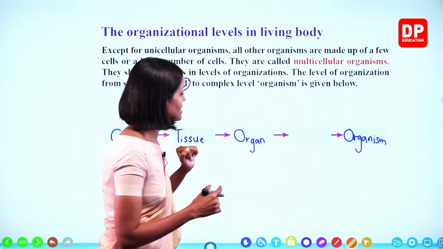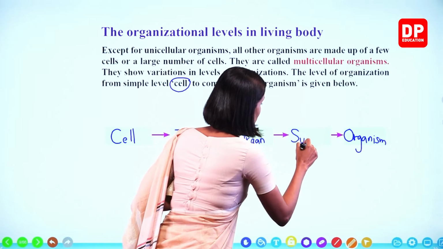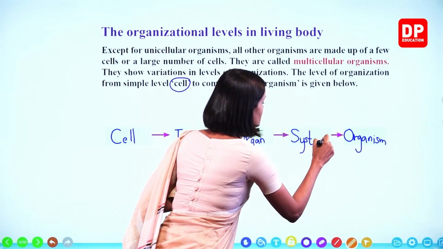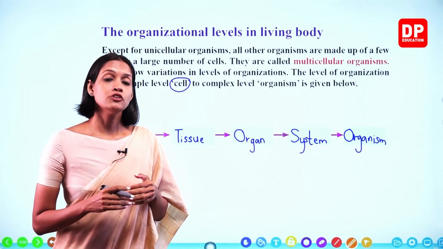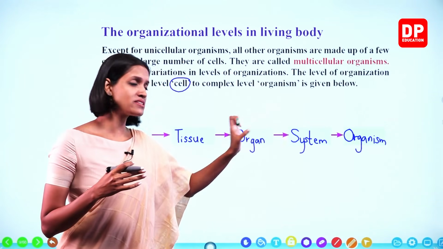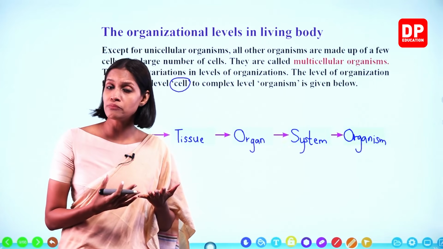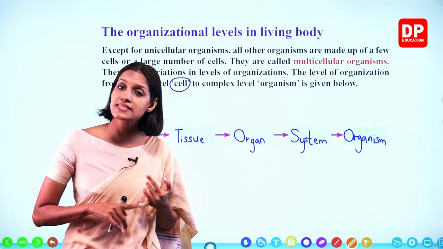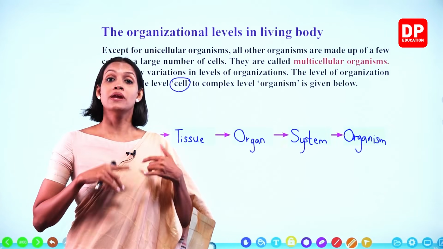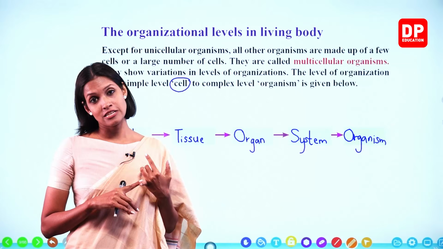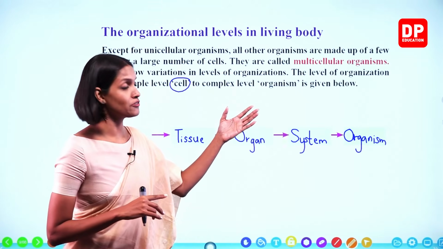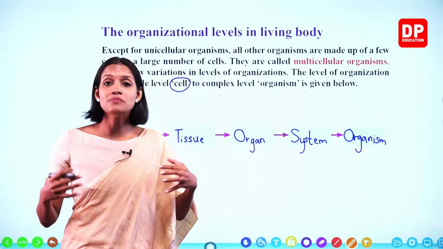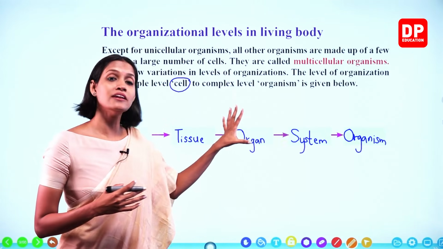Then the next one is the system. We can even consider the organ system, right? Even though you haven't learned them before, you have heard of the names: digestive system, respiratory system, nervous system, blood circulatory system, likewise. If you take the nervous system, it is made by combining a number of organs.